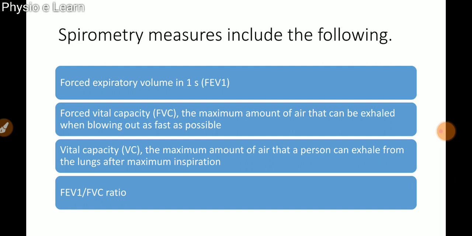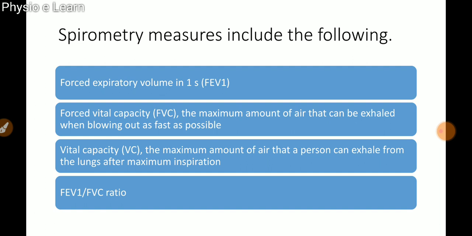Then there is the vital capacity, the maximum amount of air that the person can exhale from the lungs after maximum inspiration. First the patient will take an inspiration and then exhale. So the maximum inspiration plus the maximum exhalation, the sum of these two, is known as vital capacity.